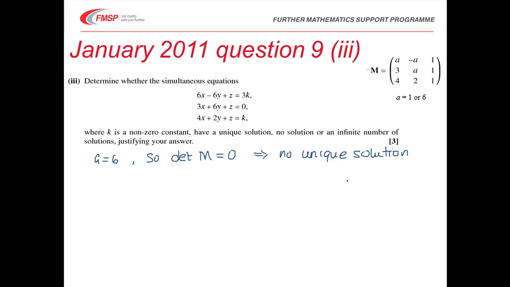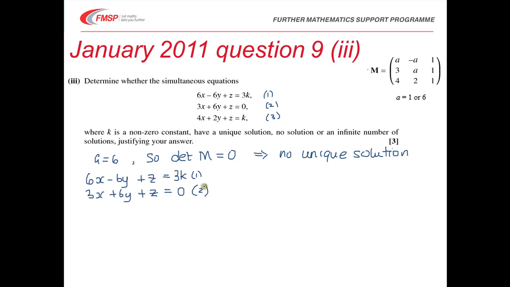We can't use matrices because we can't find the inverse, so we're going to take these equations and solve them simultaneously. So let's just call the equations 1, 2 and 3. I'm going to take the first two equations, 6x minus 6y plus z equals 3k, and the second equation, which is 3x plus 6y plus z equals 0, and I'm going to add them.